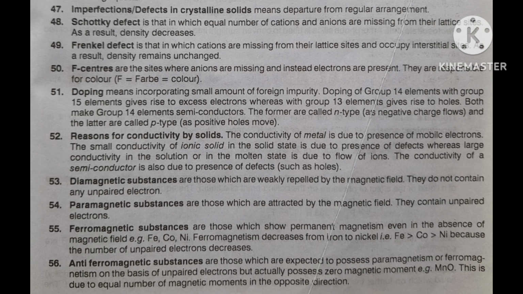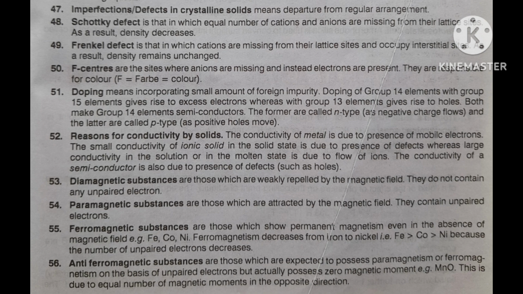You want to mix them into group 14 elements, particularly germanium and silicon, the semiconductors. Both silicon and germanium are called semiconductors. There are other examples also; later on, I will tell you that too.